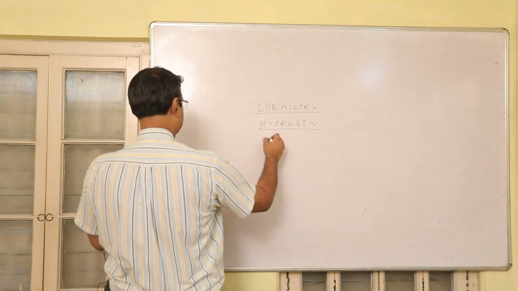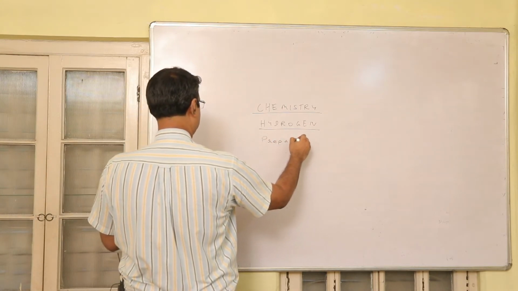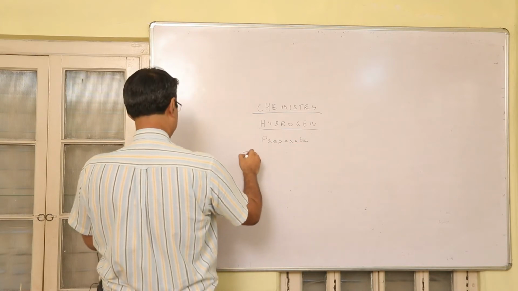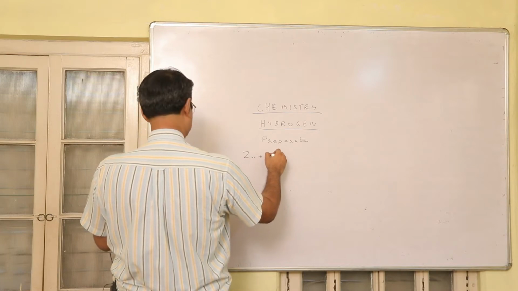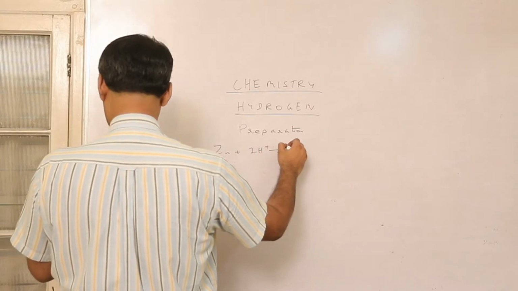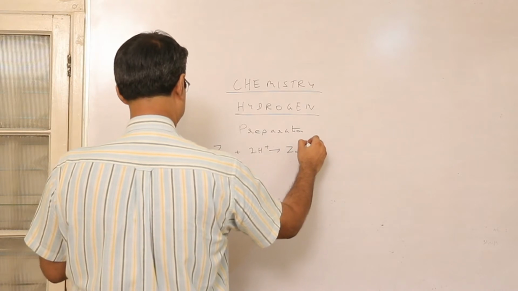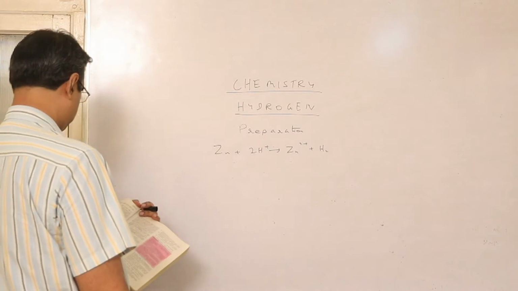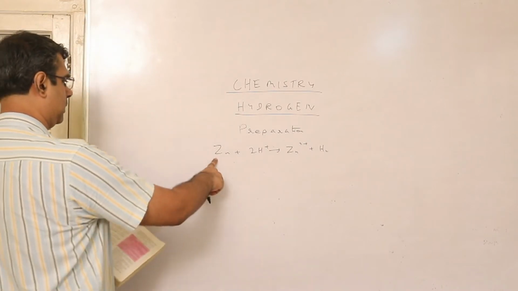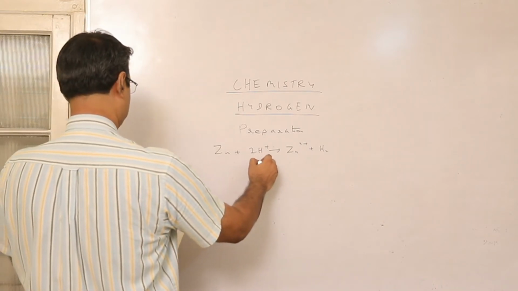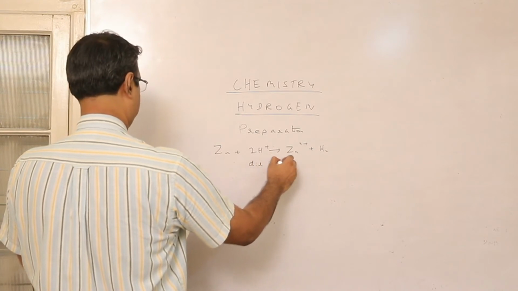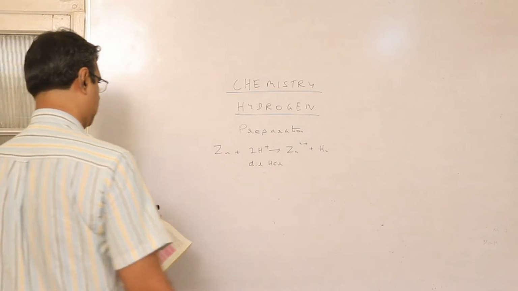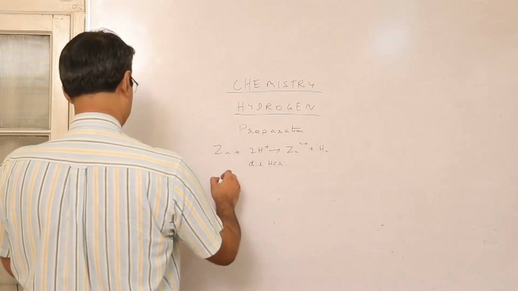Now let's discuss the preparation of hydrogen. Preparation of hydrogen can be done by the reaction of granulated zinc with dilute HCl. If you react granulated zinc with dilute HCl, that is one way of preparing hydrogen.